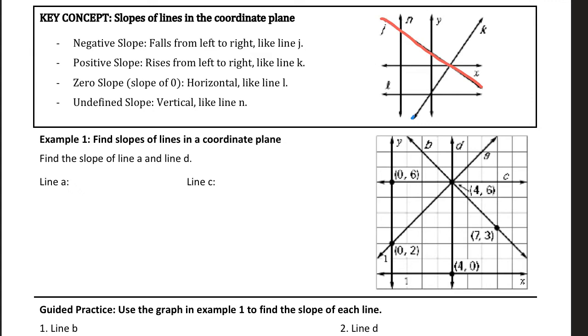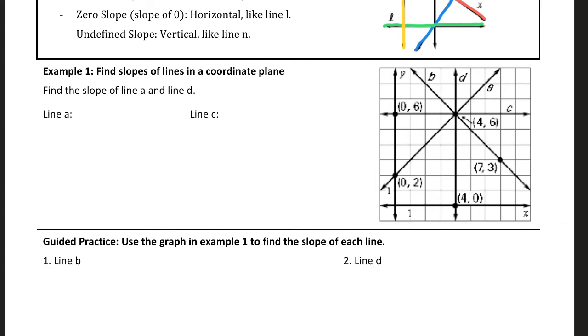A positive slope is represented by line K. Okay. Zero slope is represented by a horizontal line. And then undefined slope is represented by a vertical line. So that is line N. So the different types of slopes tell us different types of things about lines.